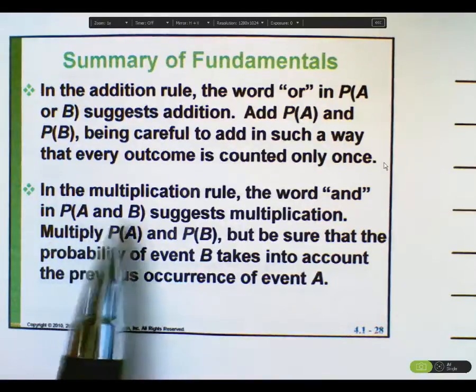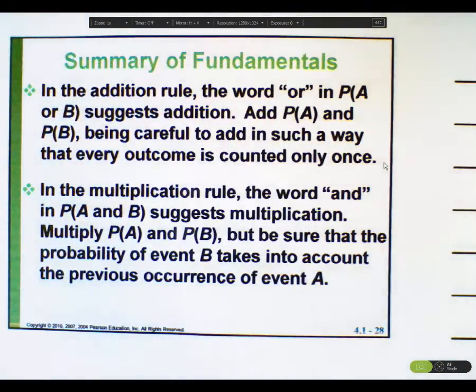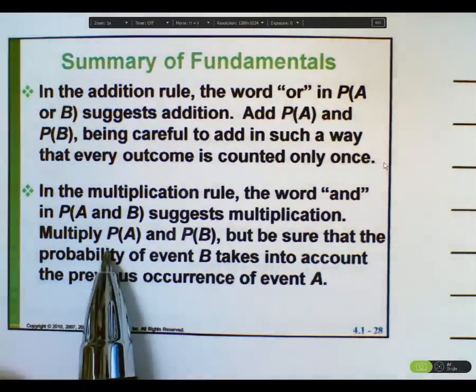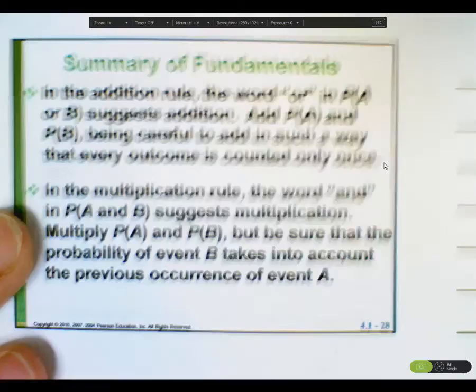And then the word and, probability of A and B, means that you should multiply the probability of A and the probability of B, but make sure that if B depends on A, you take that into account.